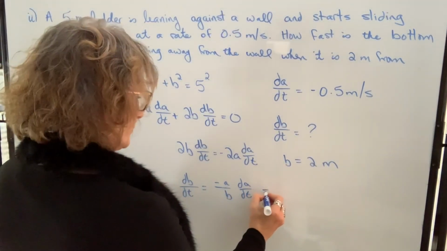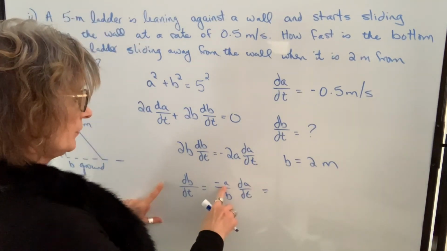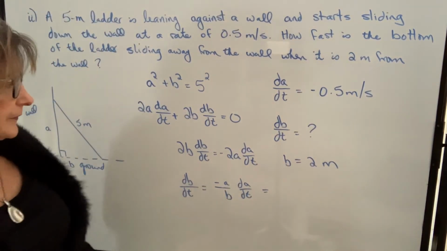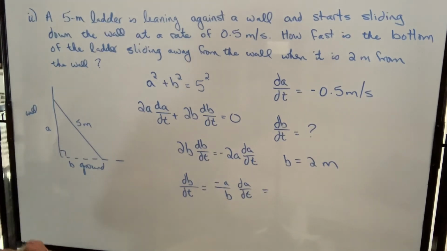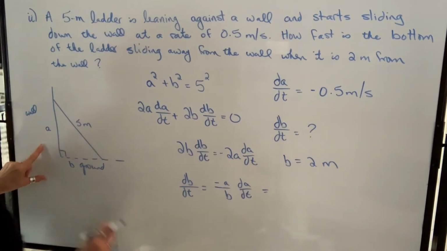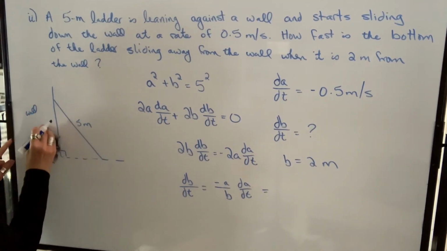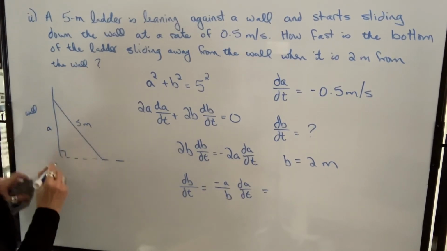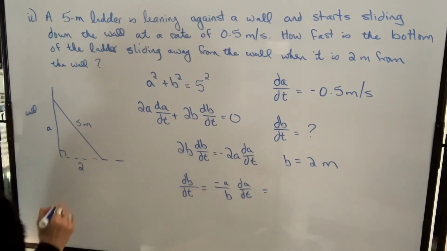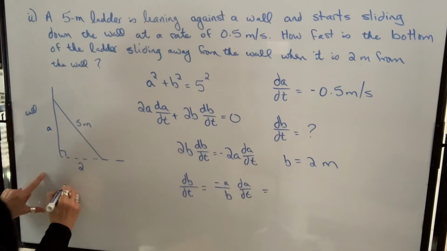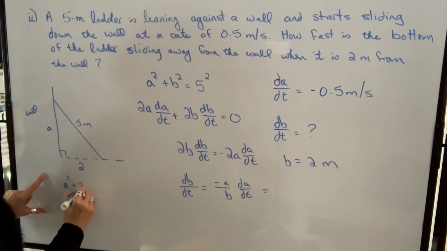Let's plug my values in. Now I don't have a. However, I could find a when b is 2 by using my right triangle theorem. So a squared plus 2 squared will equal 5 squared.